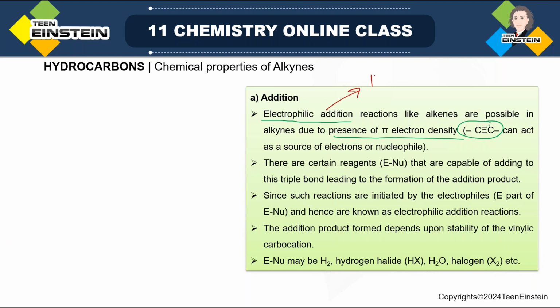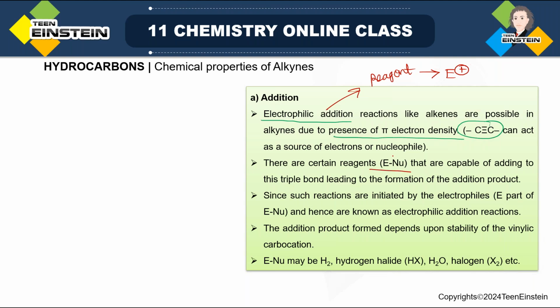Because we will use some reagent from which the electrophile will be generated. The reagent may directly contain some positive charge, but that is not necessary. The reagent may be neutral itself, but from that reagent the electrophile will be generated. And this electrophile is attracted to the CC triple bond's pi electron density. That is the reason we call this addition electrophilic addition.